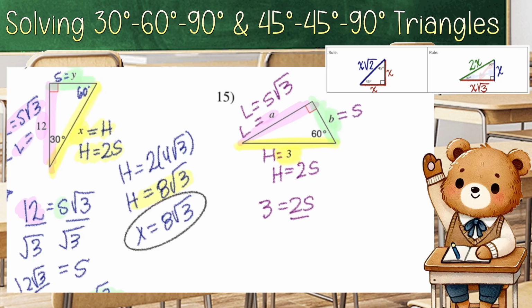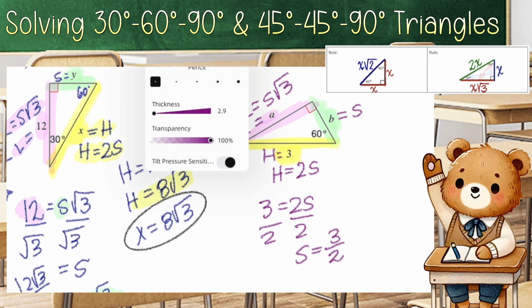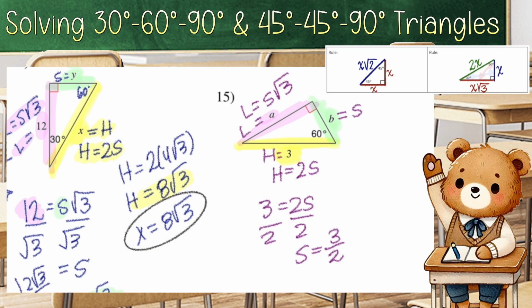3 equals 2s. Divide both sides by 2. So S equals 3 over 2 for grown-ups. So we're going to leave it as 3 over 2, which is 1.5 as a decimal, but we can let that be just as it is. 3 over 2. Oh, that's not pink. So next, oh no, I don't want, yeah, what was I doing?